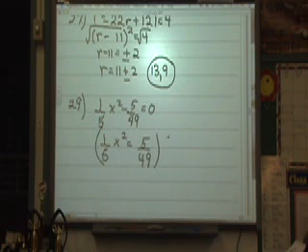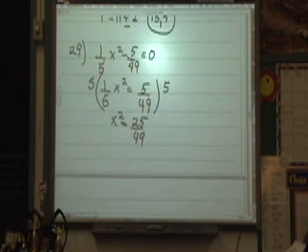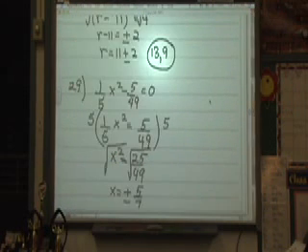Multiply by 5, and we have x squared equals 25/49. Take the square root of both sides. X equals positive and negative 5/7. Square root of 25 is 5. Square root of 49 is 7.